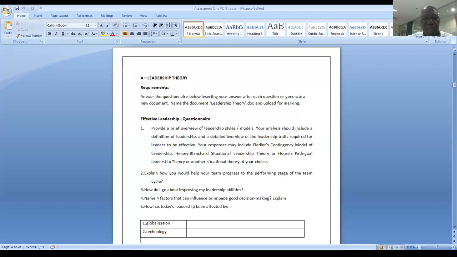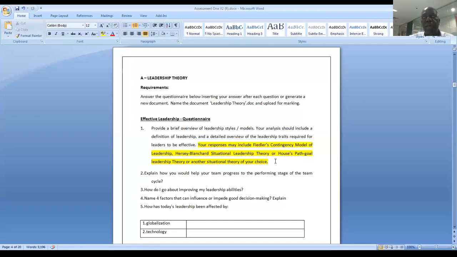So in this assessment, your responses, I'll underline that, for your own benefit, so that you are aware of what will be expected here. Your responses may include Fiedler's contingency model of leadership. So you definitely have to bring in the model of leadership by Fiedler, and Hersey Blanchard's situational leadership theory, or House's path-goal leadership theory, or another theory.